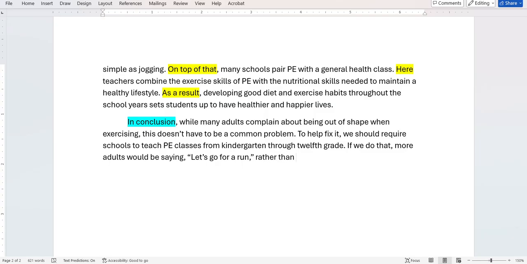Change that so I can end on the quotation. If we do that, instead of gasping for breath, more adults would be saying, let's go for a run.